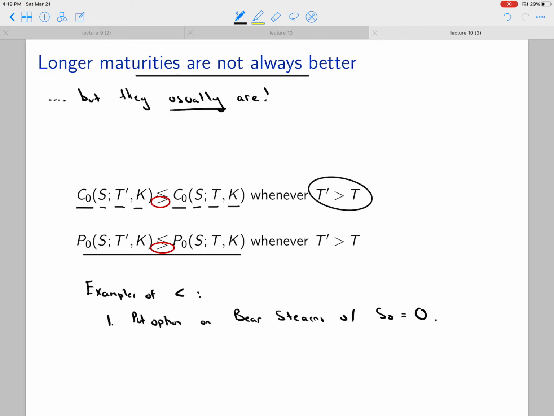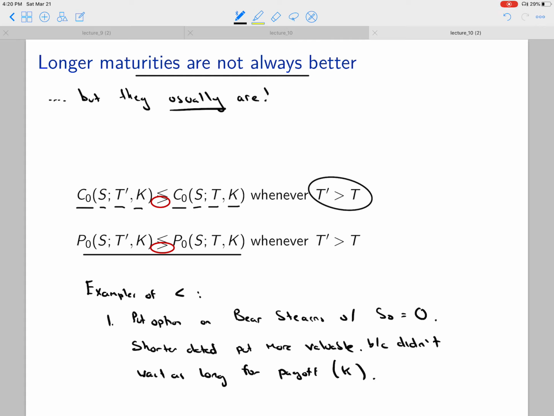Okay, in this case, the shorter dated put was more valuable, because you didn't wait as long for the payoff of the strike. Okay, but in general, this potentiality value is going to usually be much larger in terms of the maturity. It's going to be much more valuable than reducing it.